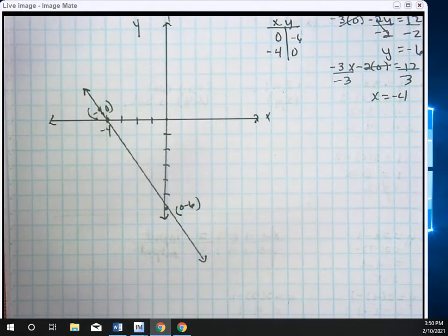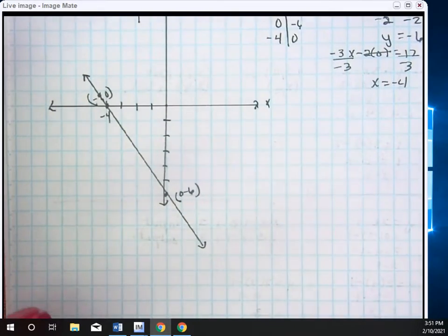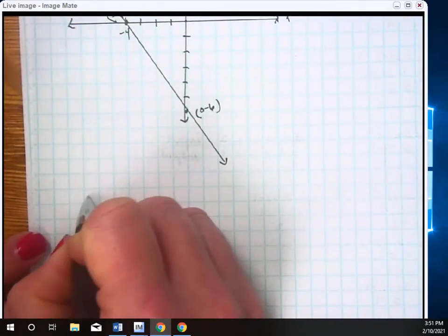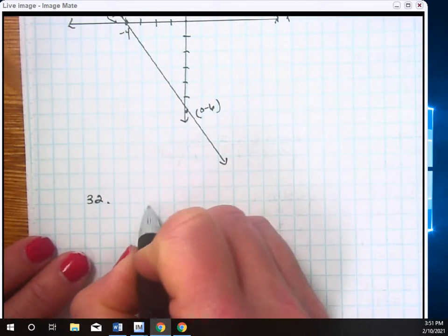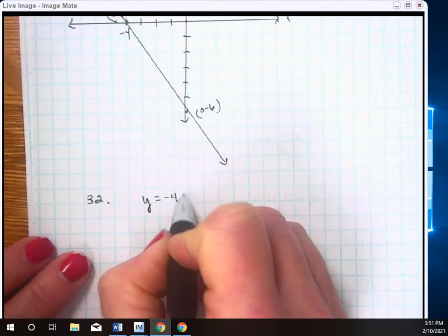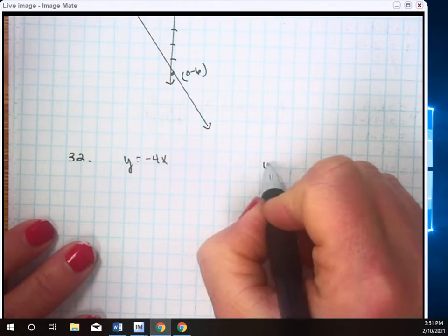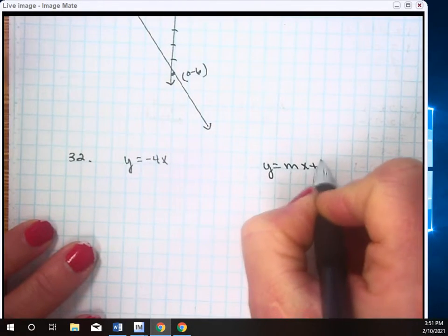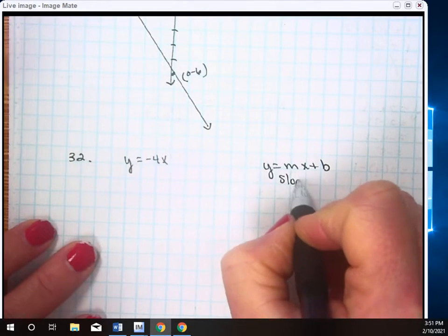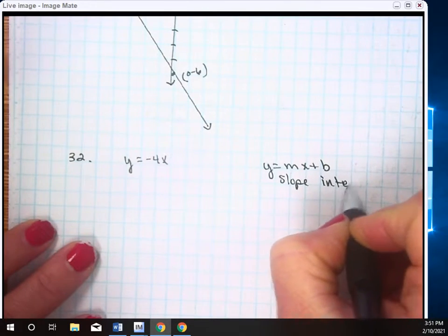If you have the equation and it is in slope-intercept form, problem 32 has the equation solved for y already. If the equation is already solved for y, that is y equals mx plus b, or slope-intercept form.